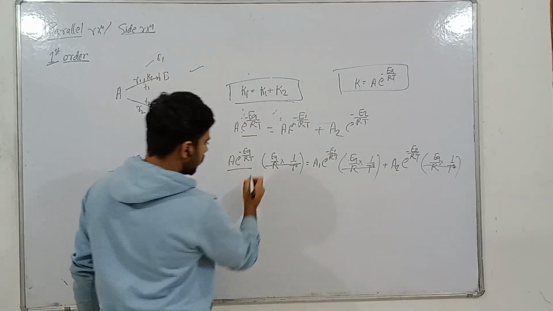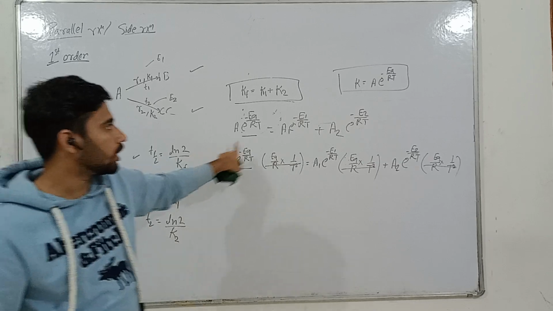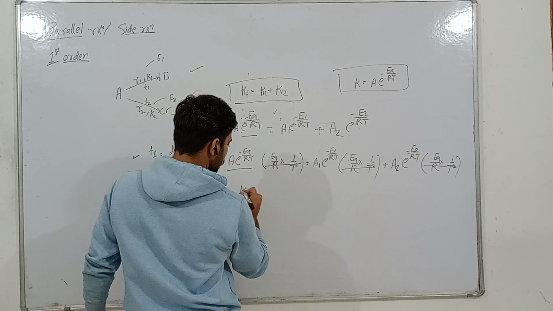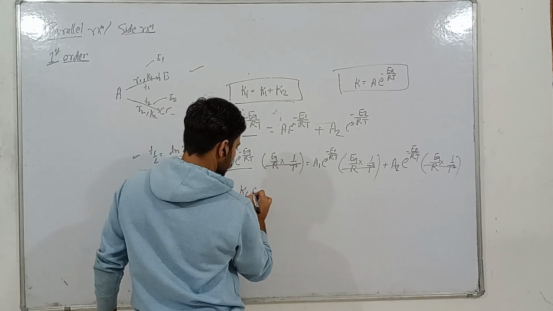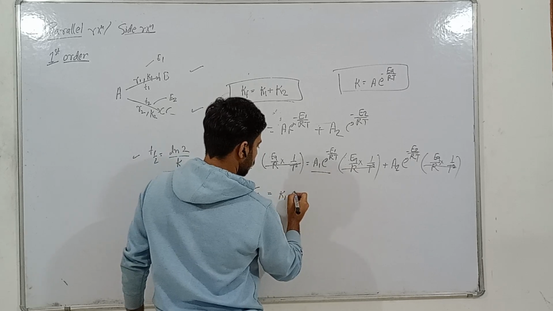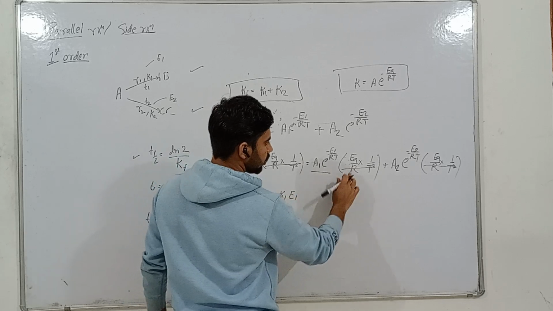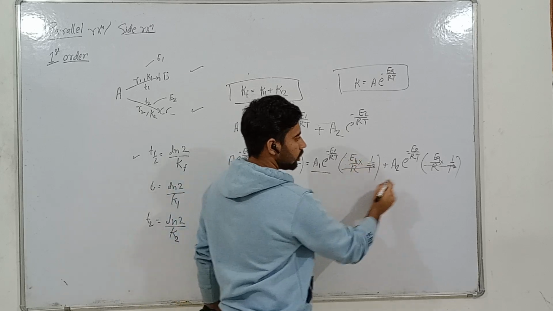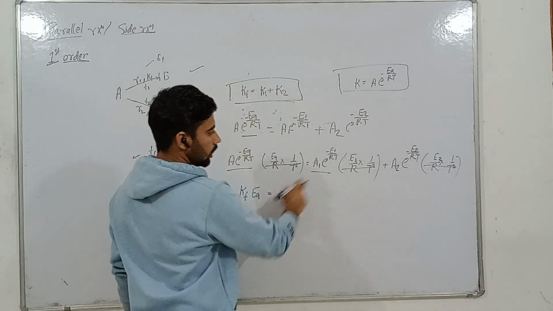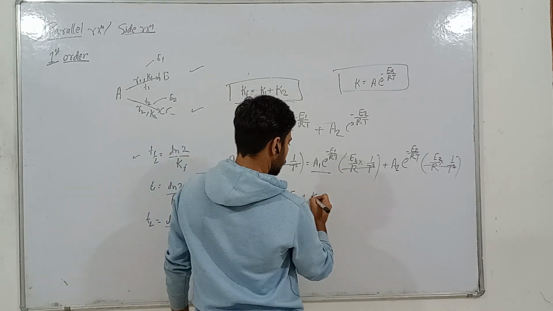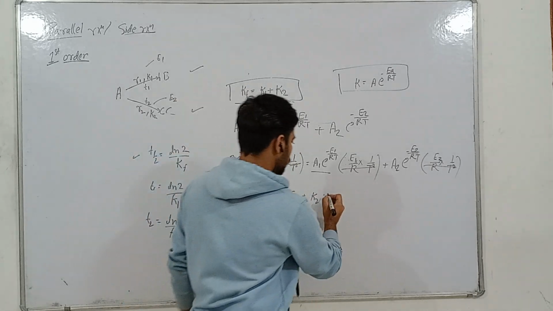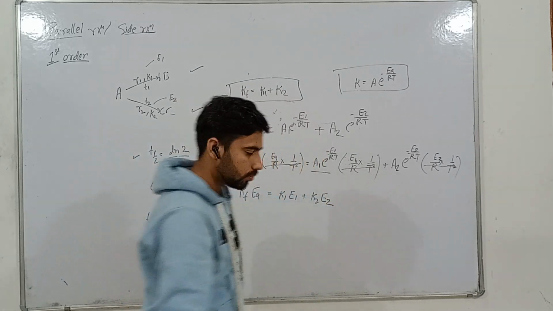This is A into e to the power minus Ea upon RT. Here we can say that this is k, that is equal to kf into Ea. That is k1 into E1 plus k2 into E2.